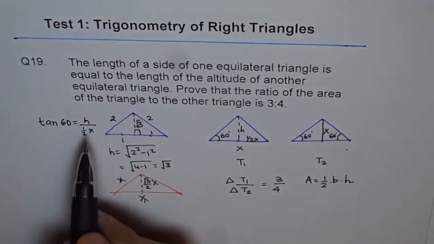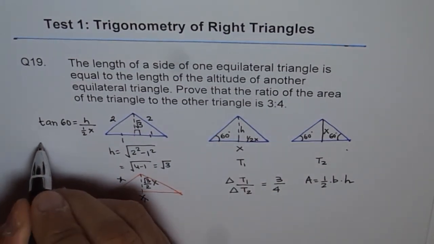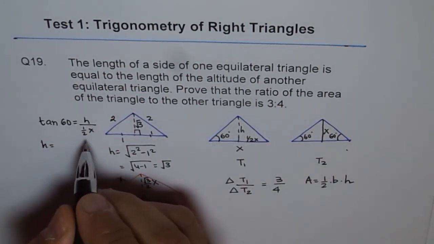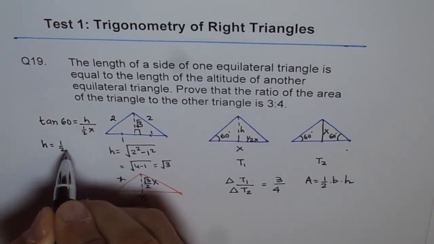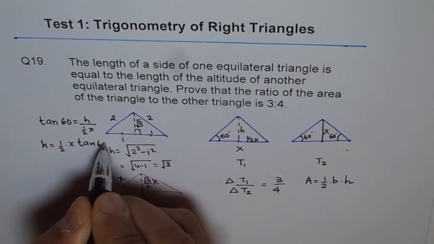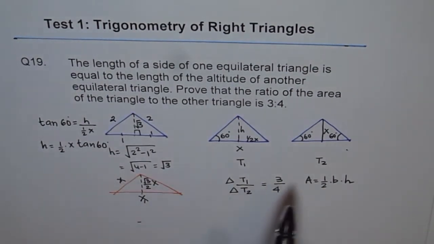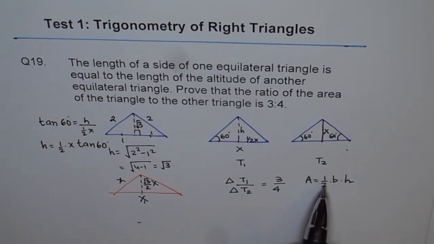Okay, so we get the height of this triangle in terms of x. That is, height is equal to half times x times tan 60. Now once we know height, then we can find area, half base into height. Correct? So we get the area of the first triangle.